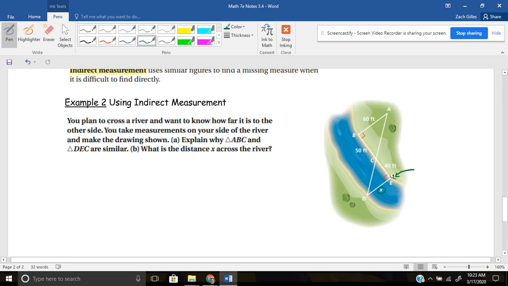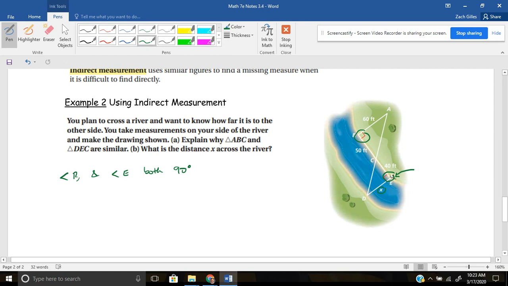And then letter B says, what is the distance? Well, remember, to be similar, we need to have congruent angles. So let's look here. I've got angle B and angle E. Angle B and angle E are both 90 degrees in this triangle versus that triangle.